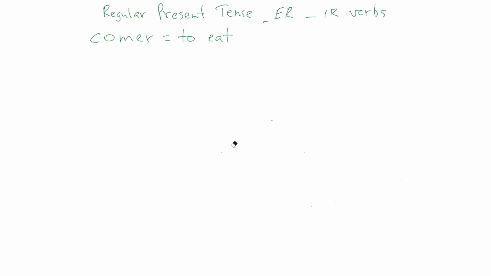So as we look at comer, the way to conjugate it is we're going to drop the ER, and then we will have our root or our stem. And on this one, I'll put the subject pronouns again, even though they're not necessary. So to conjugate in the yo form, go ahead and repeat after me. Yo como.